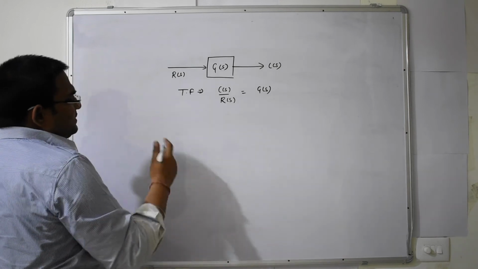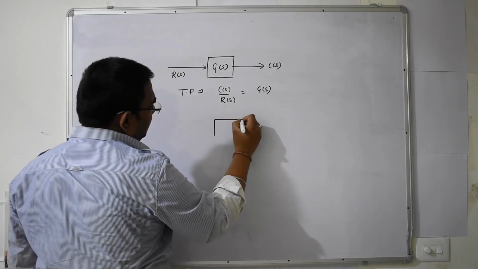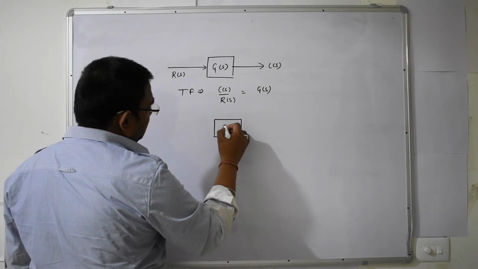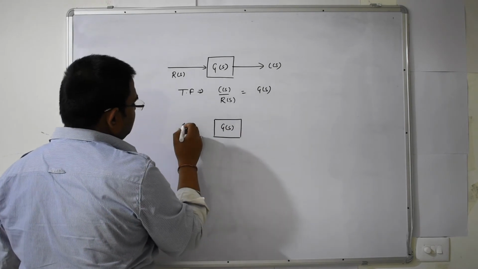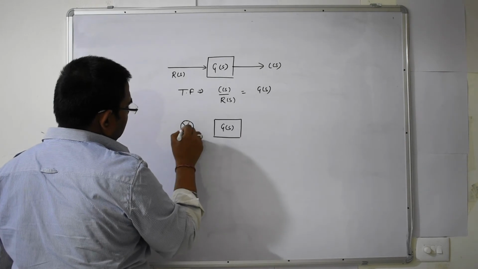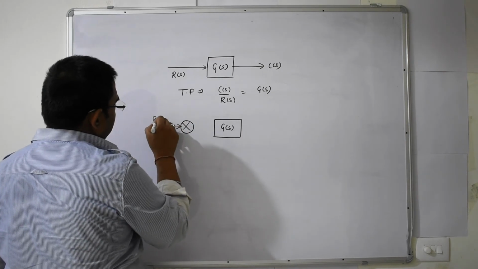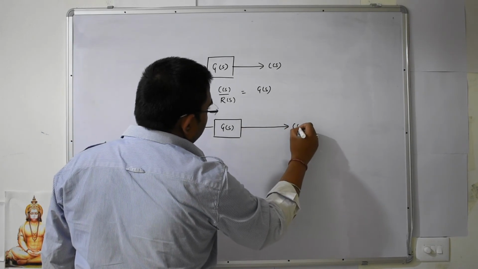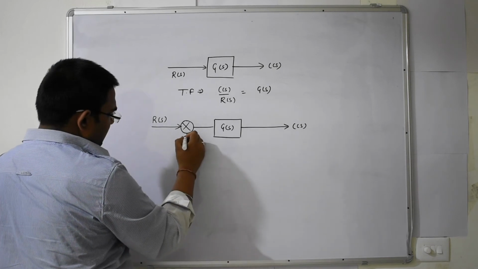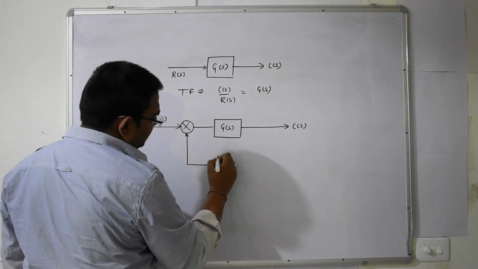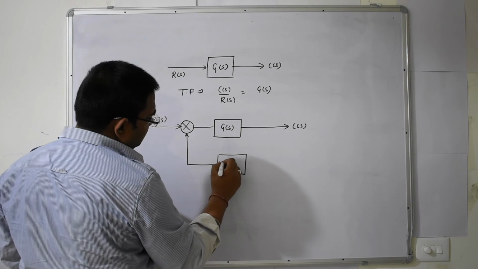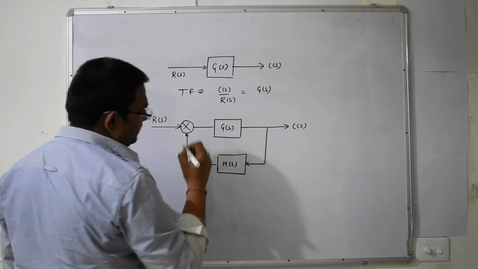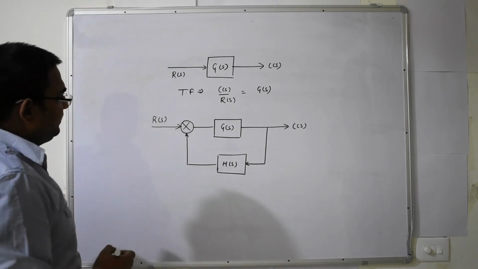Similarly, how can I represent the closed loop system? I am combining the controller and the process as G(s), this is our R(s), this is our C(s), and I am representing my feedback signal as H(s). Okay?